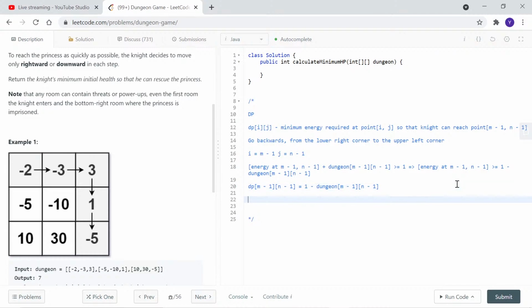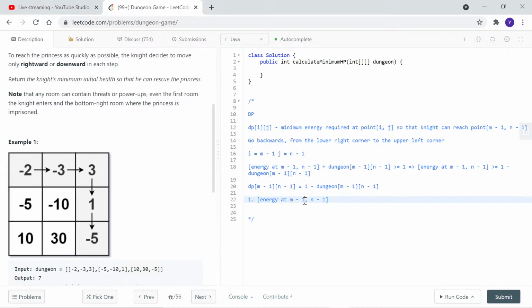Now we can have a look at the other points in the dp array. The energy needed at those points needs to satisfy two conditions.